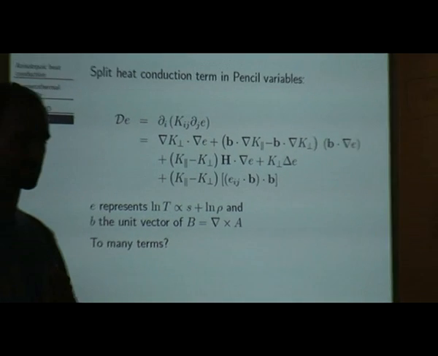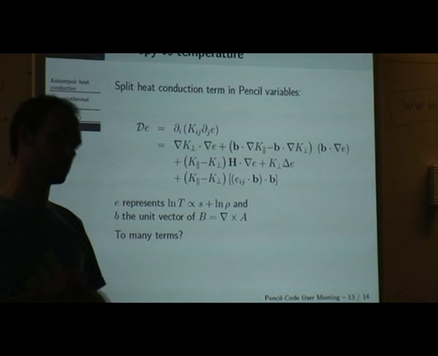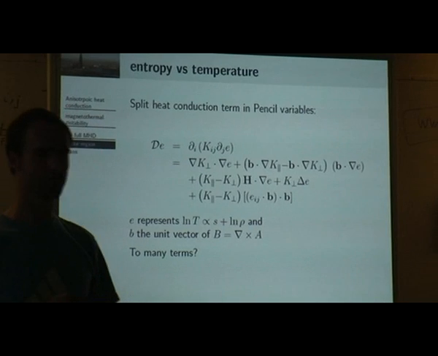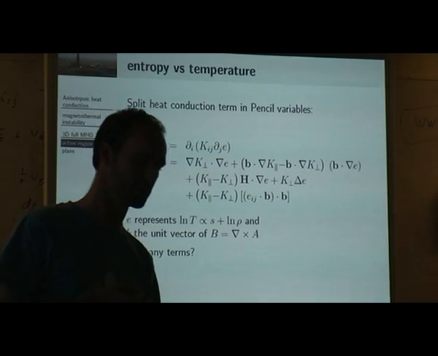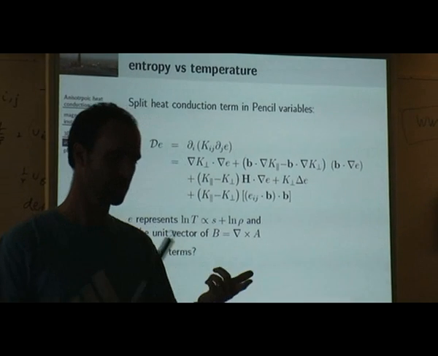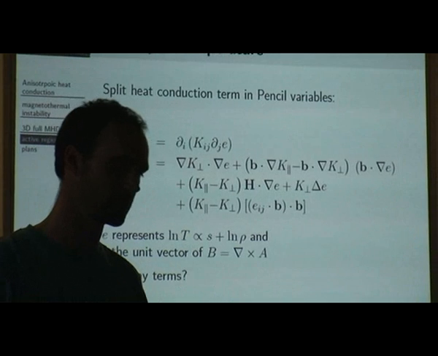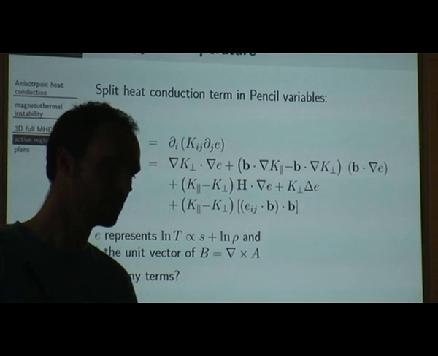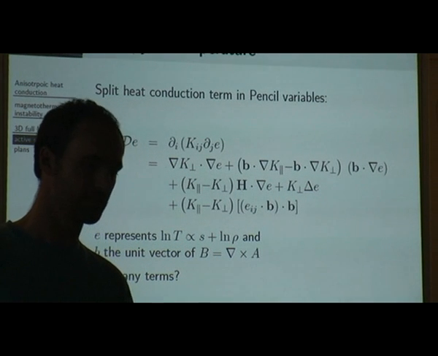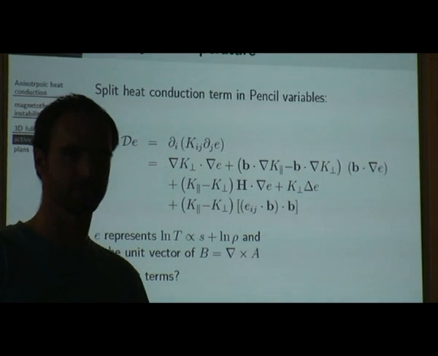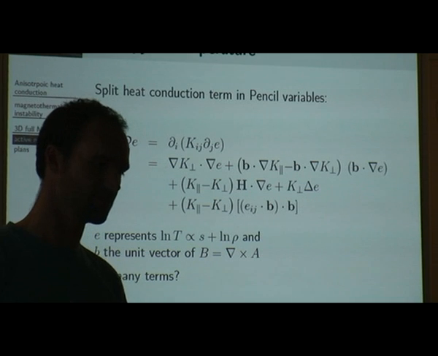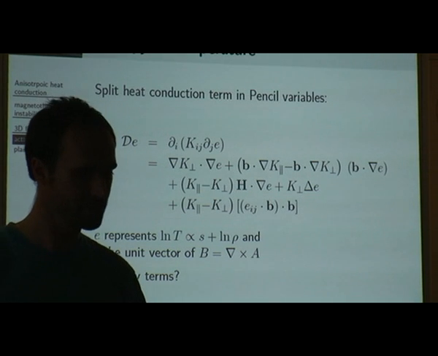Then I just want to say something about how one can switch between entropy and temperature as pencil values. So pencil values like density and velocity and vector potential. In the beginning I started with entropy, which was the biggest file and the most routines were included there.